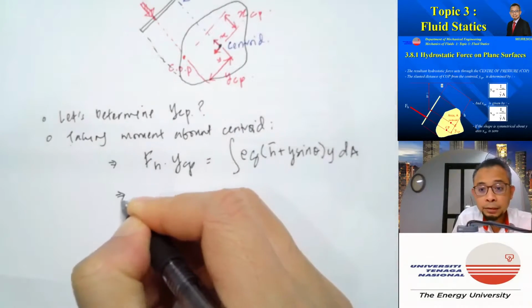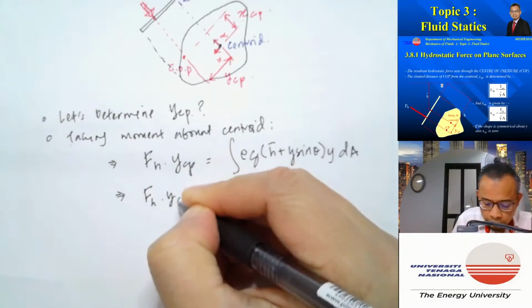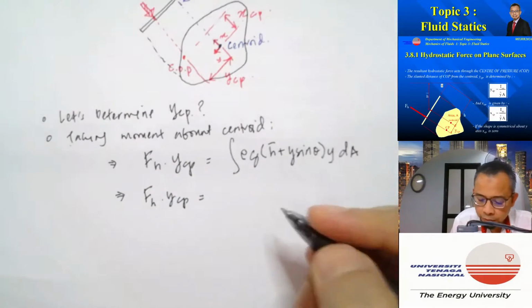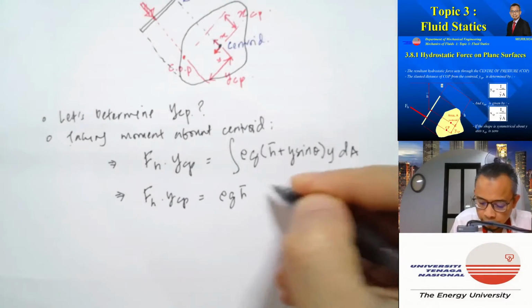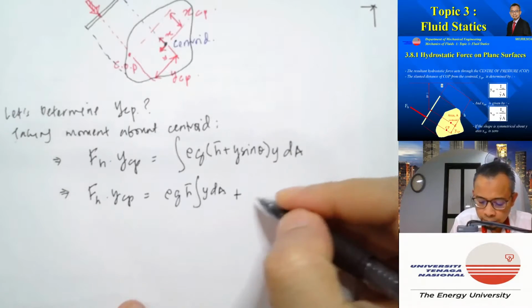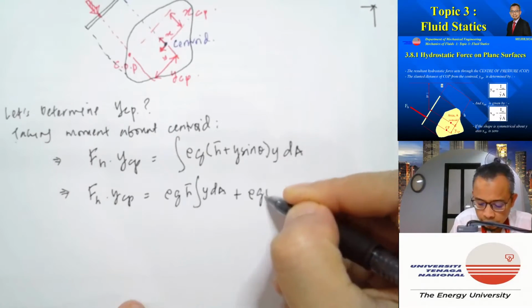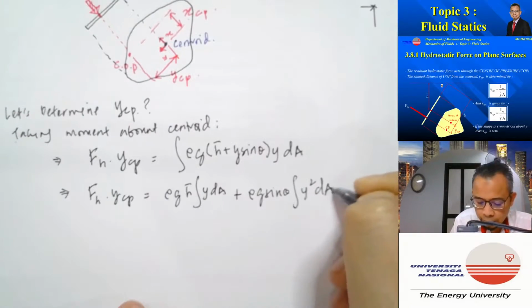This gives us FH YCP is equal to rho g h bar y dA plus rho g sine theta y squared dA.